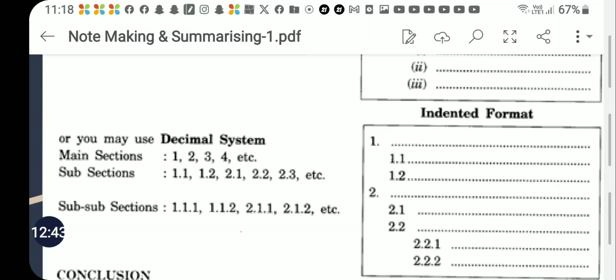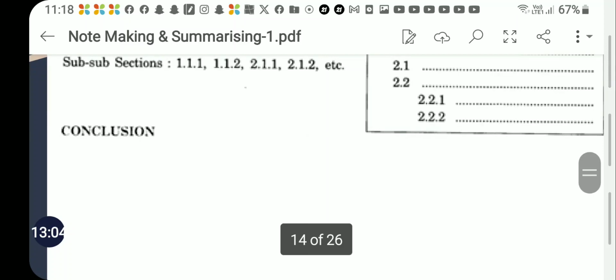And it should be further divided into 2.1, 2.2, 2.3, 2.4. If it has to be divided further, then 2.2.1, 2.2.2, 2.2.3, and a minimum of 4 has to be written. So 3, then give the heading 3, then 3.1, 3.2, 3.3, 3.4, so on and so forth.